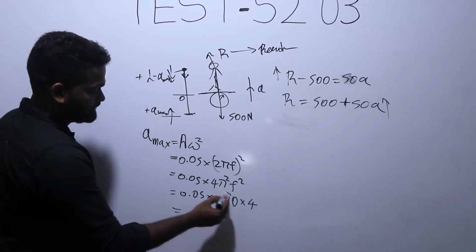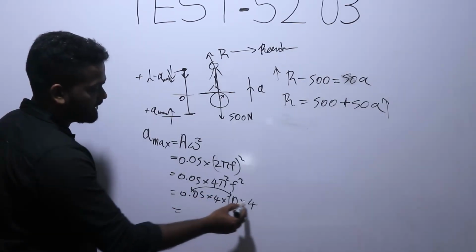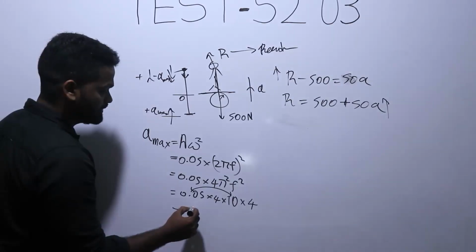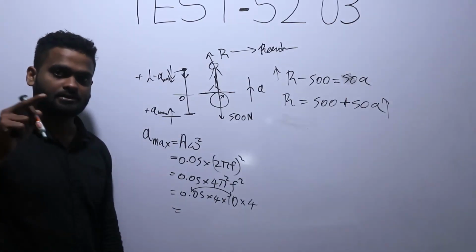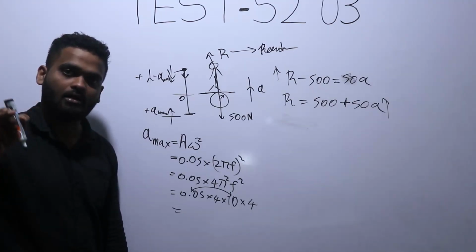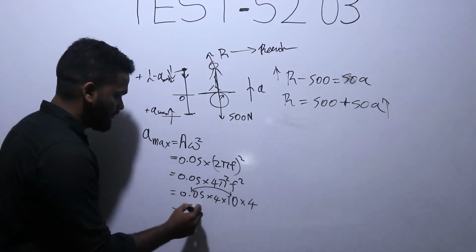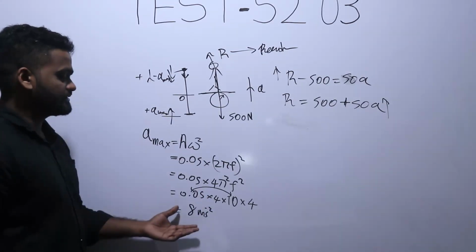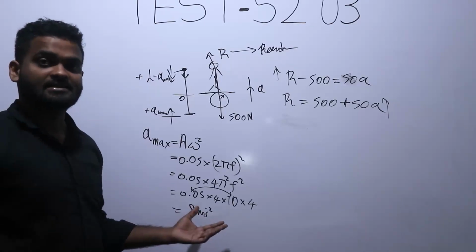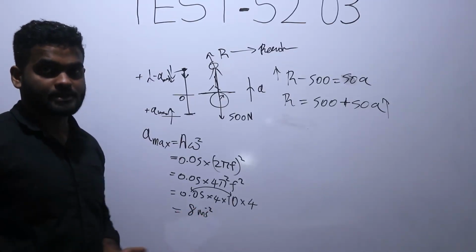So this is 0.5 times 16, and 16 times 0.5 is 8. So the magnitude of maximum acceleration is 8 meters per second squared.